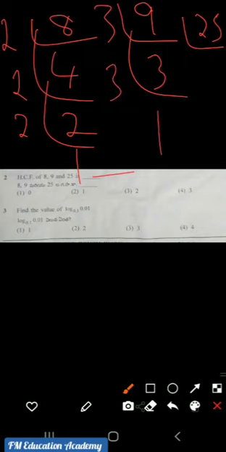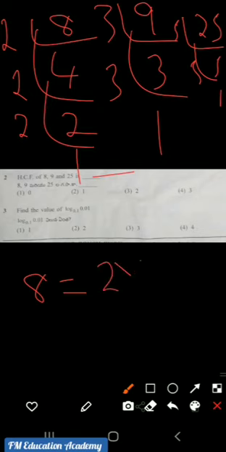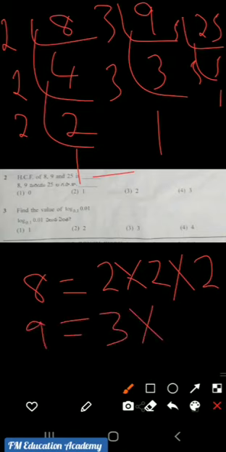What about 9? 3 3s are 9, 3 1s are 3. And 25 means 5 5s are 25 and 5 1s are 5. So from this prime factorization, 8 can be written as 2 into 2 into 2, 9 can be written as 3 into 3, and 25 can be written as 5 into 5.